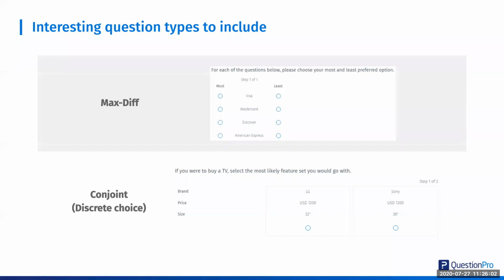This will give you the best and worst profile, that is, which combinations of features or attributes make up the product that someone would be most likely to buy. Through this, there are different market simulators that you can run, and you can get utility values and so forth. So there's a lot of additional information that you can get, aside from just knowing which attributes make up the best product that I could come up with.